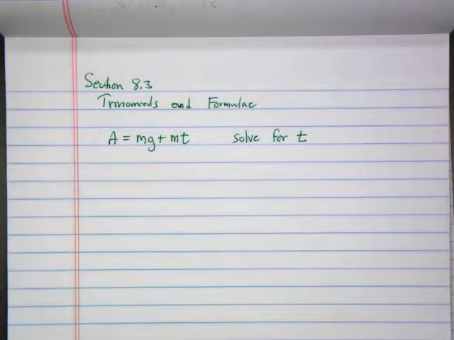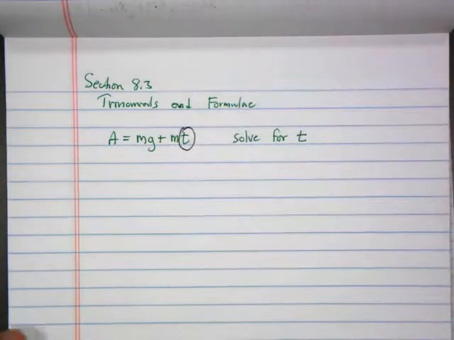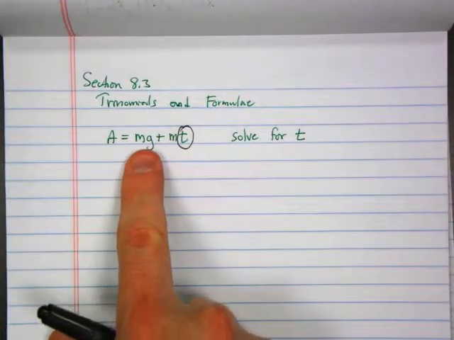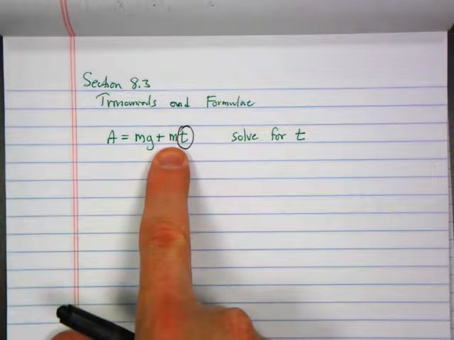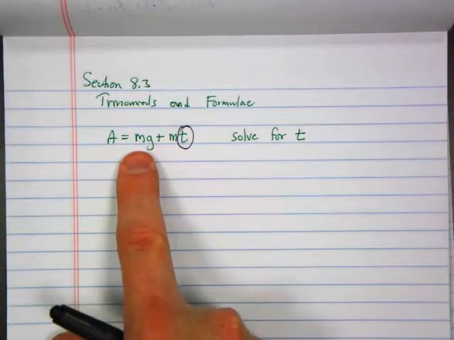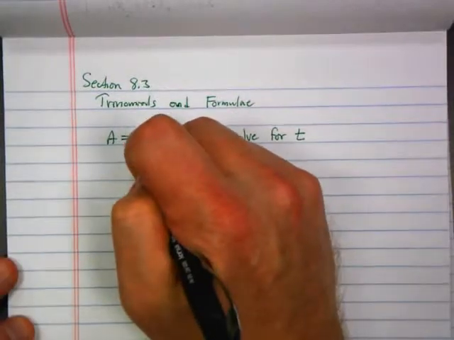We noticed that this t was right here. This is what we wanted to get alone. We noticed it was connected with some stuff that had some addition, and it was connected with some stuff that had some multiplication. So we did the opposites. The opposite of adding is subtracting, so we would subtract the mg on both sides.